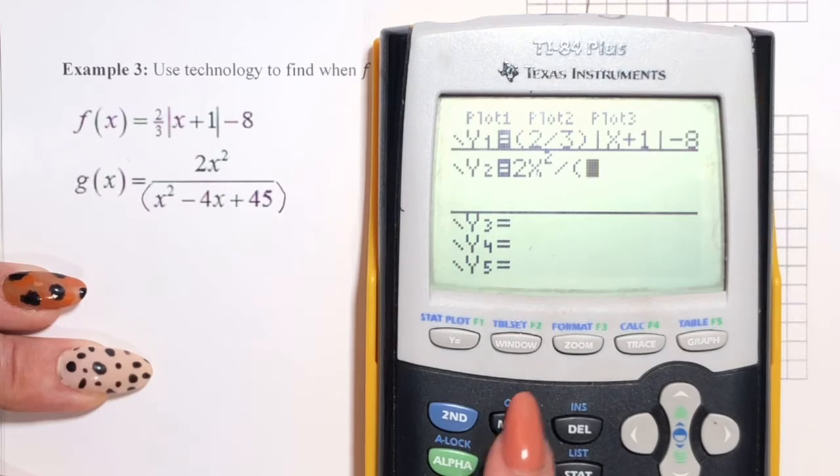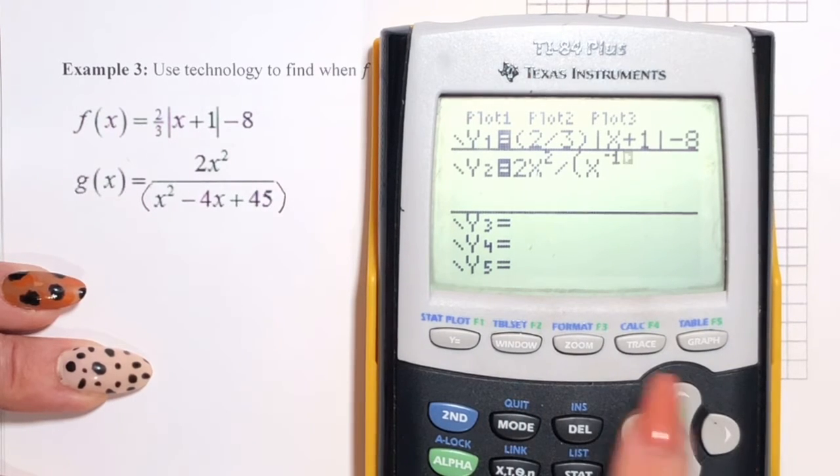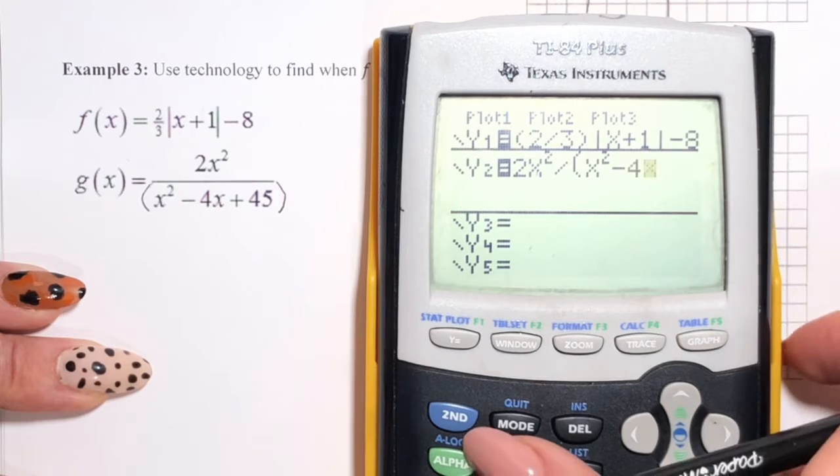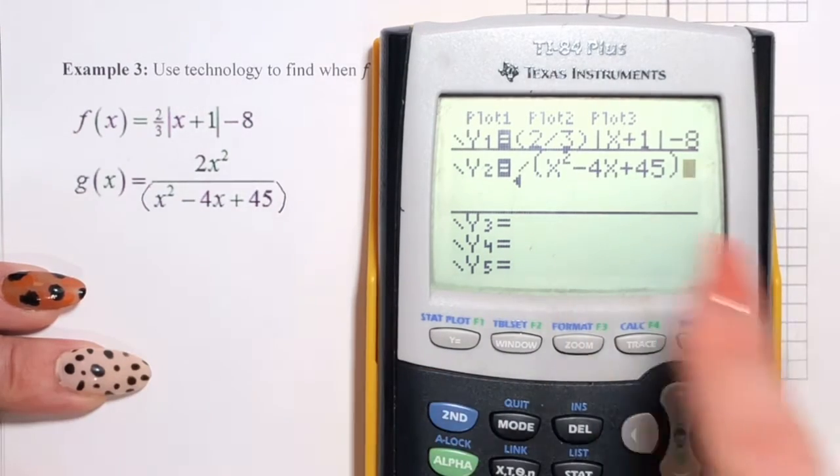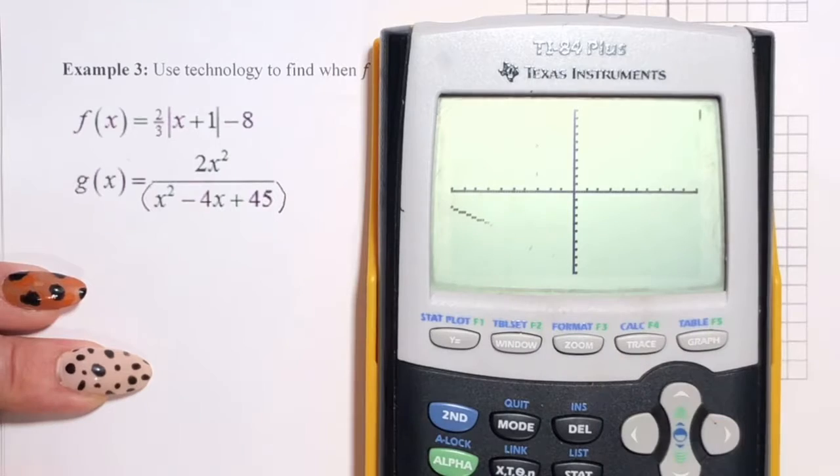So I'm going to put parenthesis x squared, x squared minus 4x, and then plus 45. And then close your parentheses. So now it knows that whole thing is in the denominator. And then we will graph it.